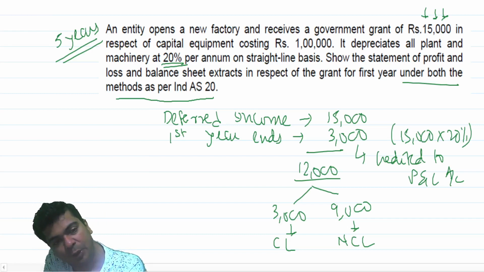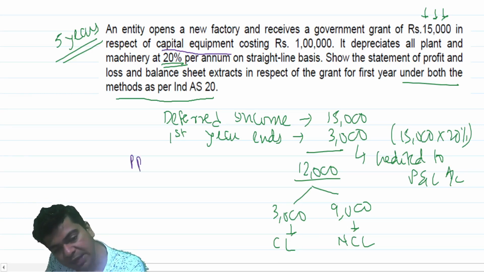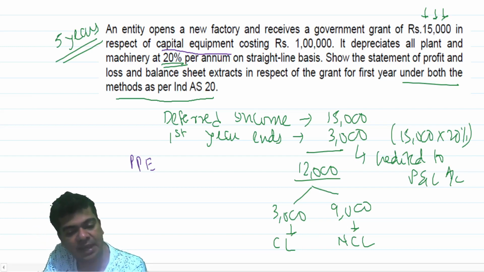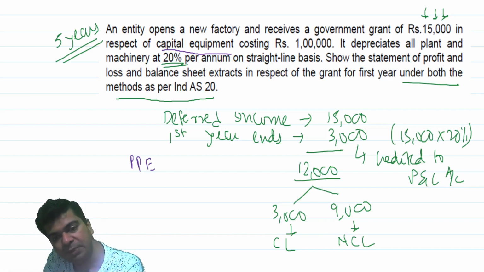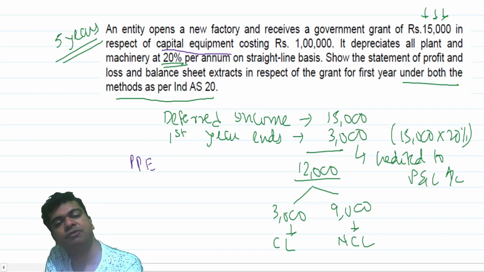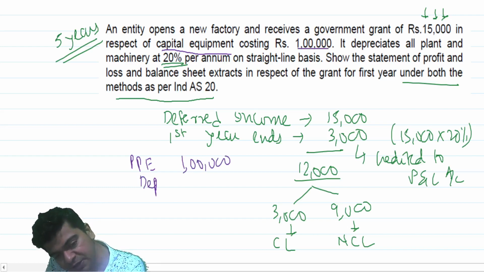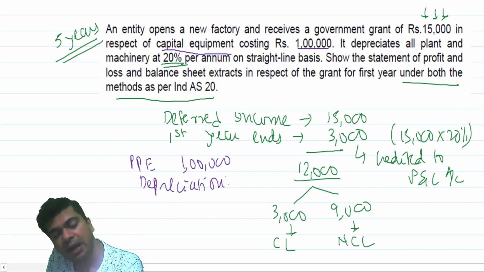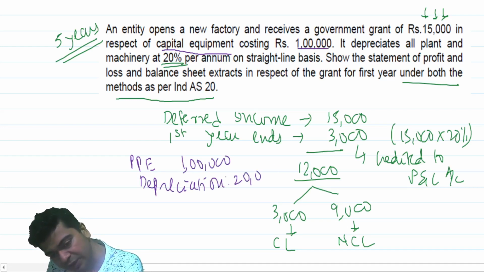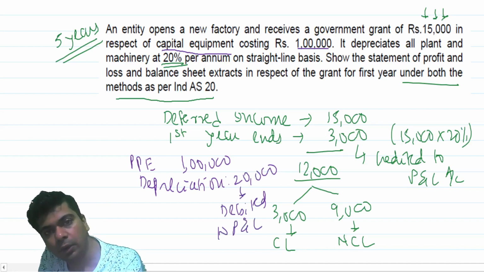As against that, you are also having a capital equipment, right? That will turn out to be an item of PPE, isn't it? This is a capital equipment. It turns out to be an item of PPE, which I will record at its full cost of 1 lakh, right? I will record at full cost of 1 lakh. At the end of the first year, I will provide depreciation. Depreciation will be 1 lakh into 20%. That will turn out to be 20,000. This 20,000 will be debited to profit and loss account.